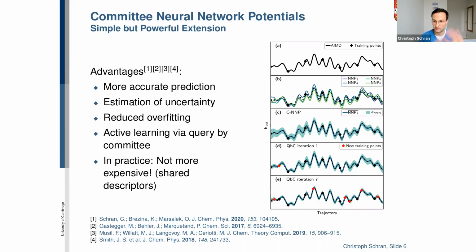So in the end, this whole committee procedure is only slightly more expensive than running a single model. At the same time, you get an error estimate and can build up your training set based on this active learning procedure.